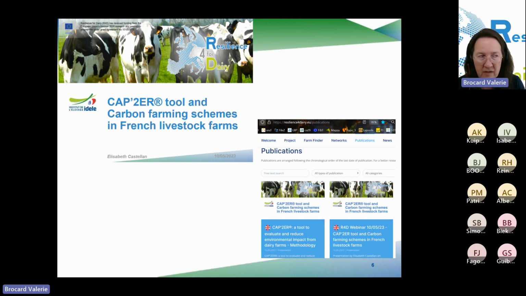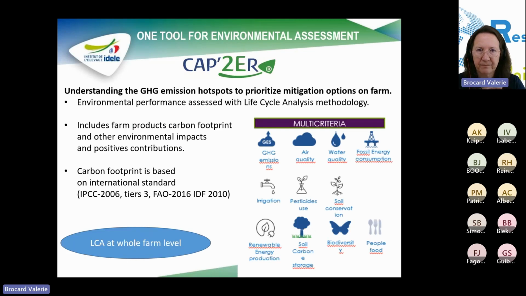So almost 10,000 diagnoses made in commercial farms, but we are also using it as an experimental tool to estimate our carbon footprints at the start and after using some specific levers, and also to assess the carbon footprint of every experimental farm involved in applied research, dairy applied research in France. So this is a single tool for all these purposes, for global environmental assessment.